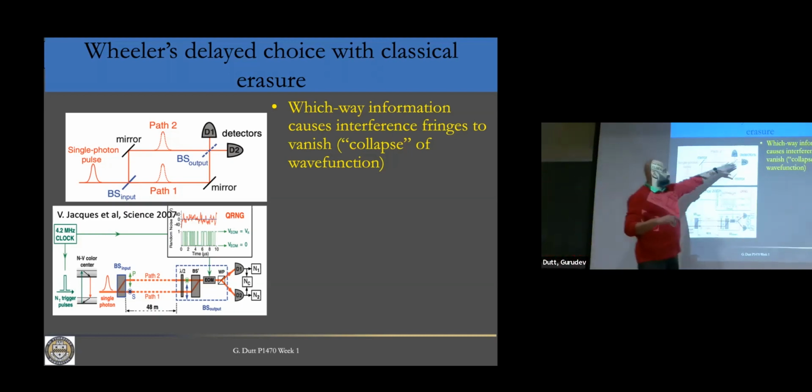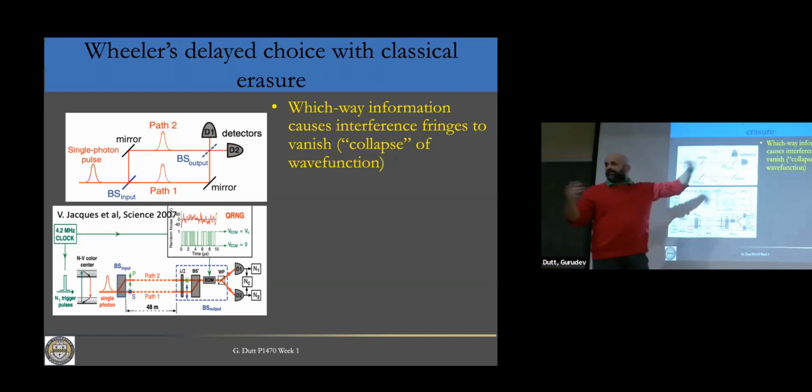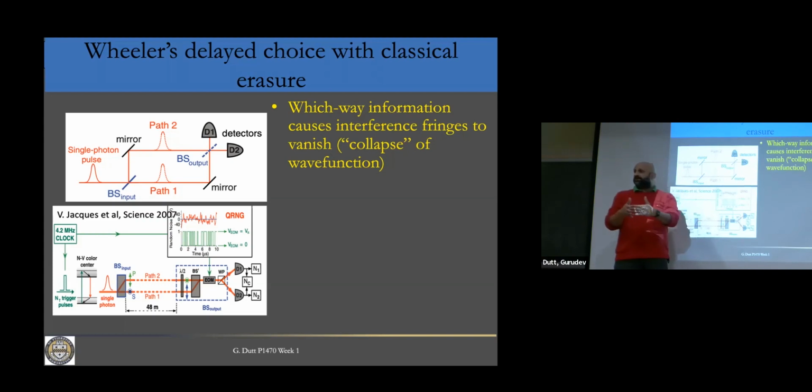When it recombines, it can either create a wave-like interference pattern, or if we observe which path it's coming in on, it'll be like observing which slit the electron went through, which will then remove the interference fringes. His idea was to make the choice of whether to combine the beams or not well after the photon had already traveled through the interferometer.